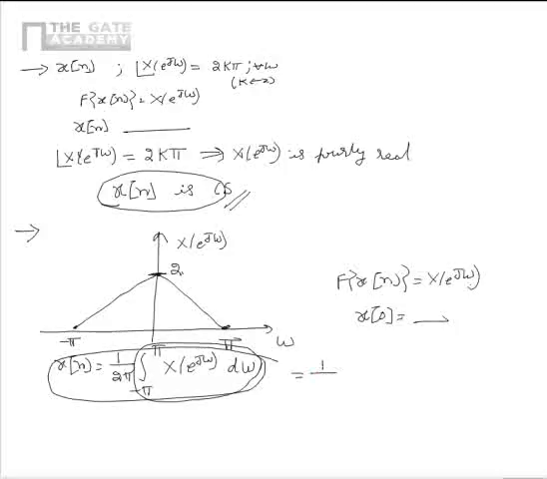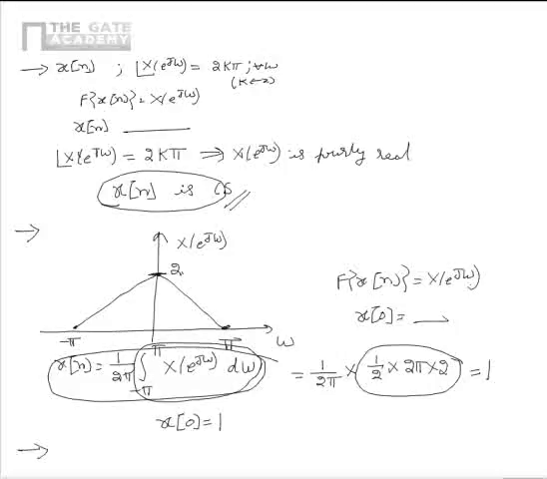So this can be simplified as 1 by 2 pi multiplied by half into 2 pi into 2. This is the area of the triangle, which upon simplification is equal to 1. So from the given DTFT, the value of x of n at n equal to 0 is 1.